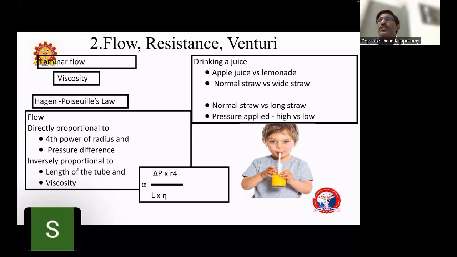So diameter matters. And if you take a normal straw and a long straw, definitely the length of the straw affects the flow. One child will give a high pressure. The flow depends on the pressure applied also.